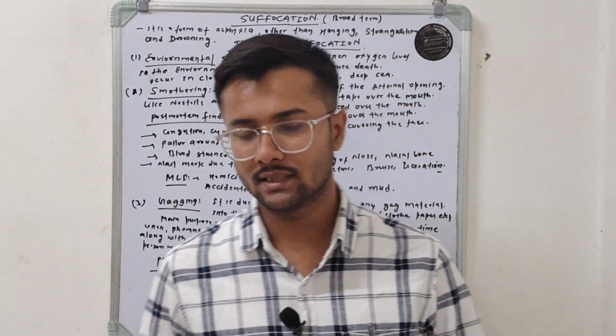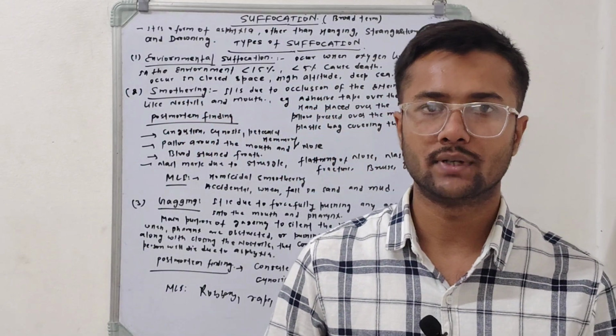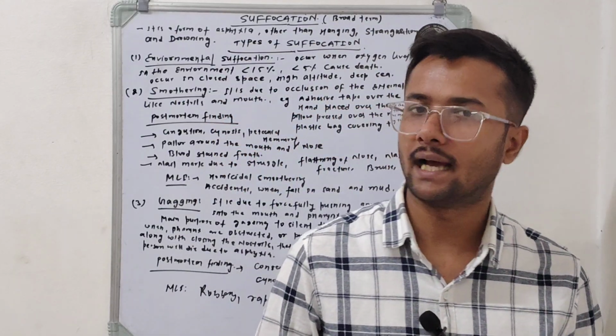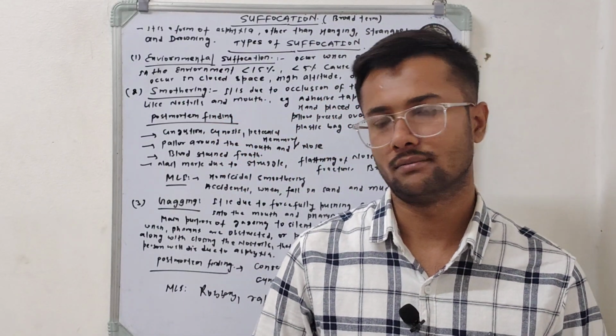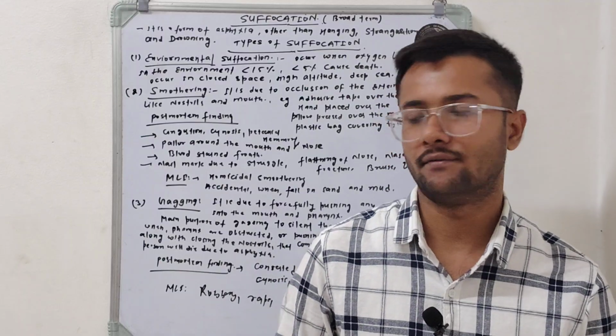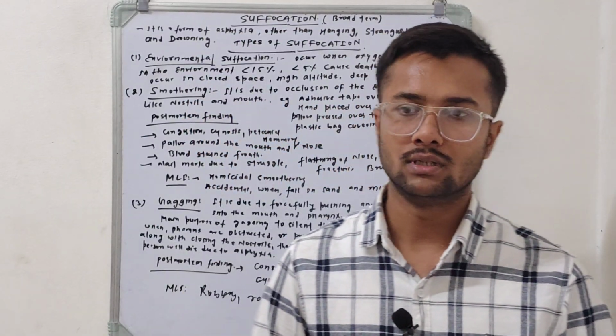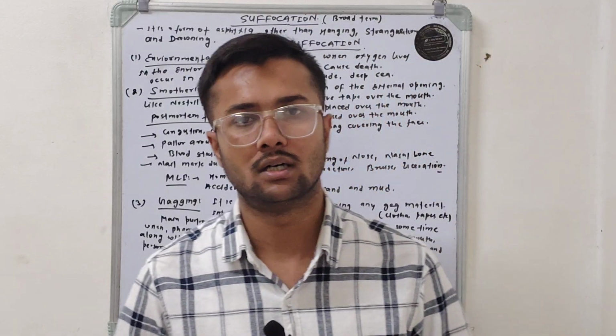Now the next thing: what is the medico-legal importance of smothering? It is either homicidal, or accidental in case a person falls into mud or sand. So this is all about smothering.